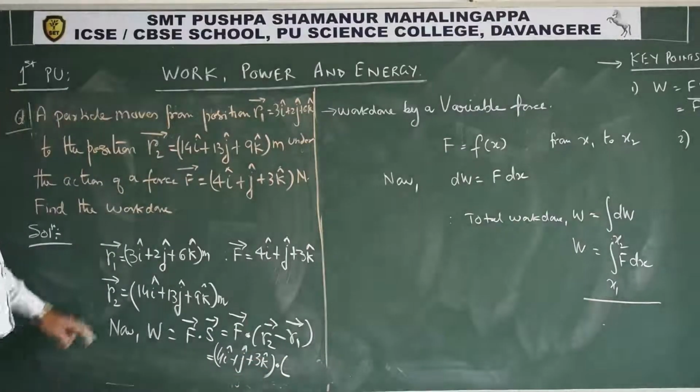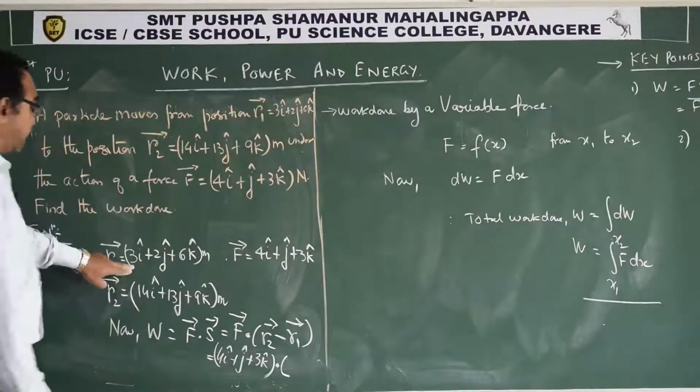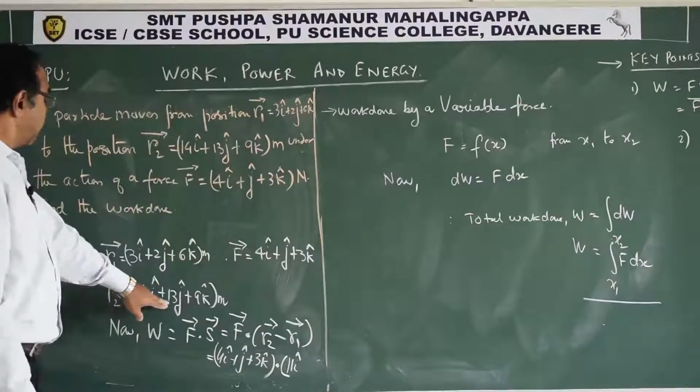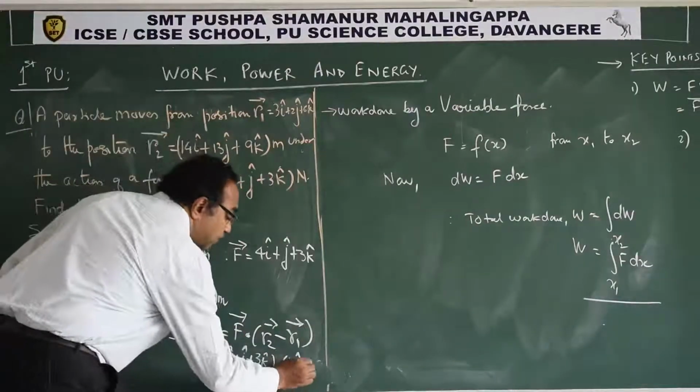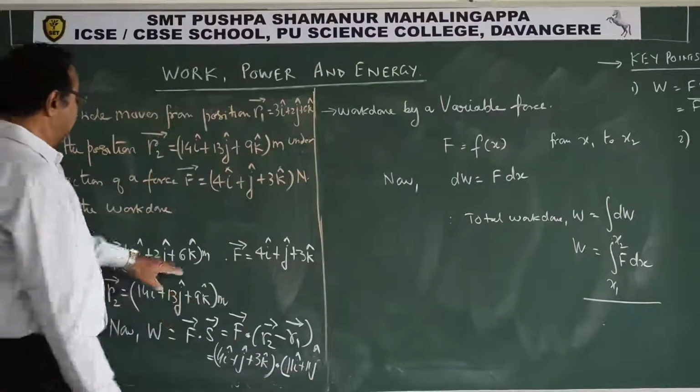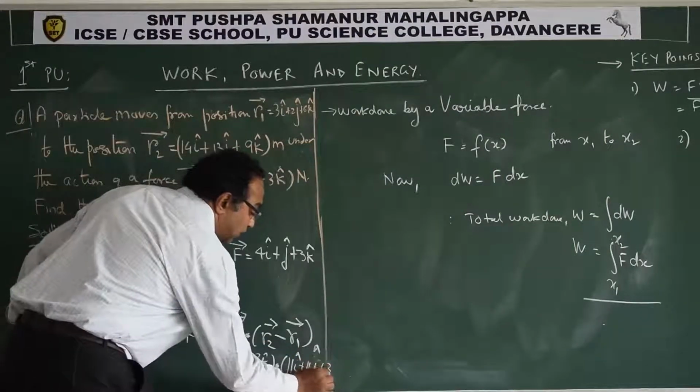If you find the dot product, what you will get? 14 minus 3, this is 11i. 13 minus 2, 11j, and this is 3k.